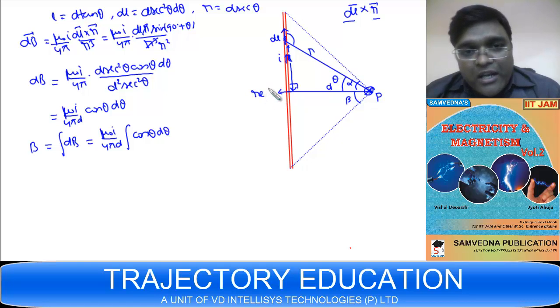Whenever you want to find the limit of theta, you choose a certain line as reference. You have taken an initial line as a reference for measuring theta. Reference is always taken as theta equals 0. So your reference begins from theta equals 0 to theta equals alpha. If on this side you take it as positive, then on this side you have to take it as negative.